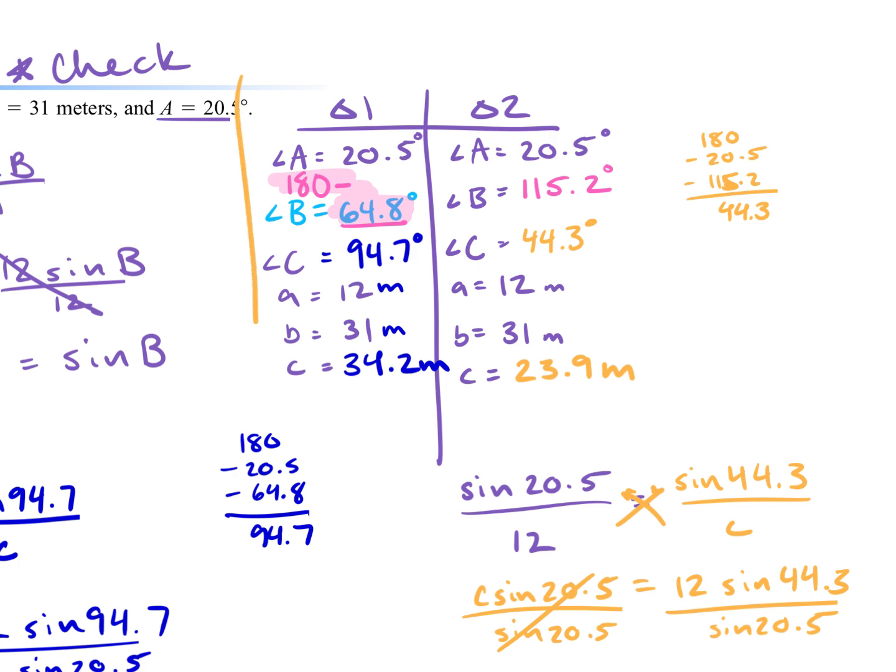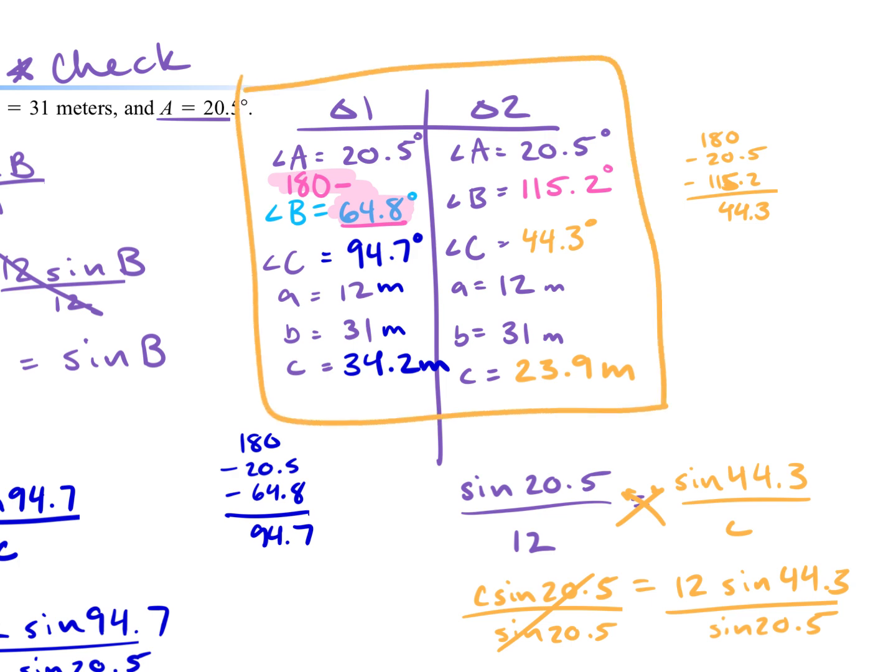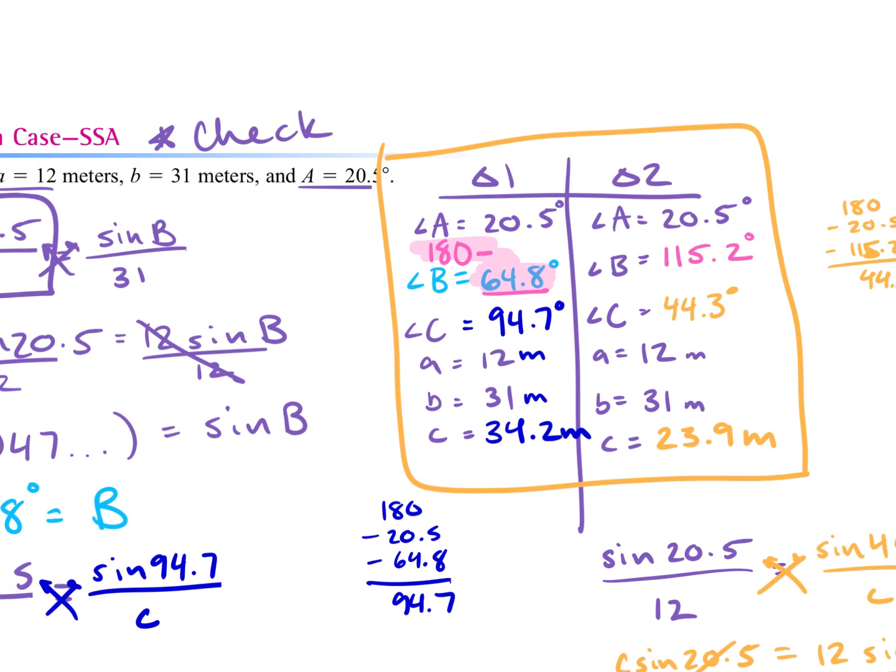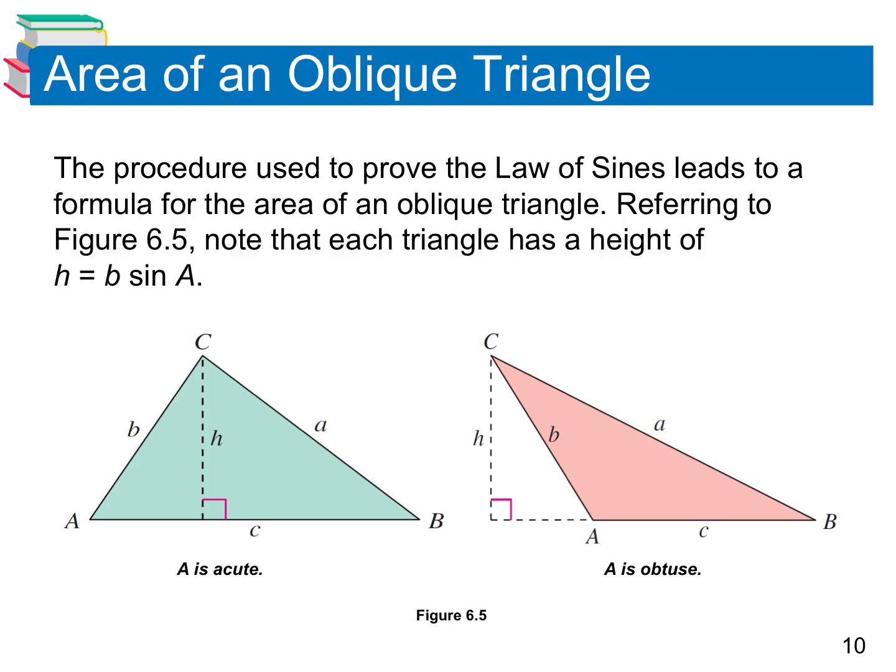So we have two triangles here. So this is our answer. So again, the important thing here to check for two triangles, you want to do 180 minus the first angle that you find. That's going to be the new angle in your second triangle. And then you solve the rest of it the same way that you solved the first triangle.